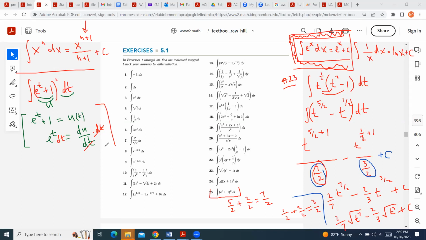And what I produced is something that may not be very nice, because I don't think we'll be able to take this antiderivative now, because this is going to be u squared, and instead of dt, I'm going to have du over e to the power of t. Yeah, the substitution didn't work. Anyways, I tried.